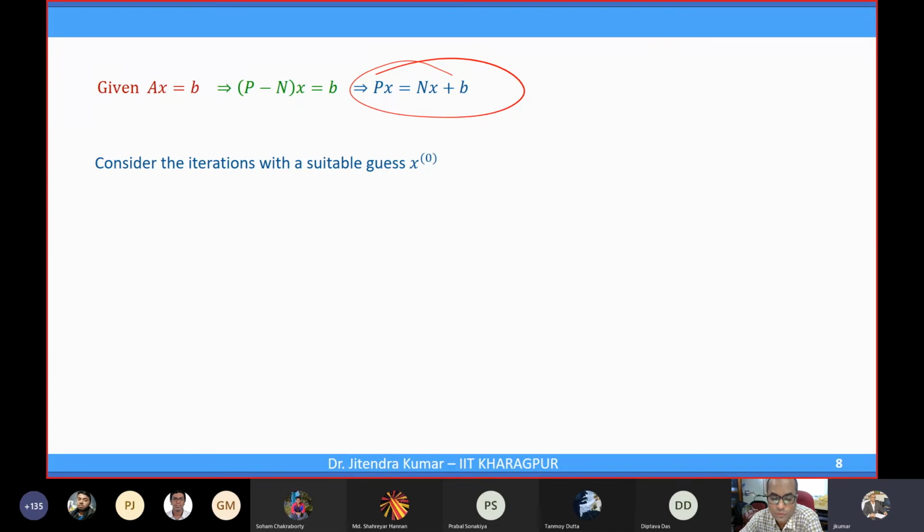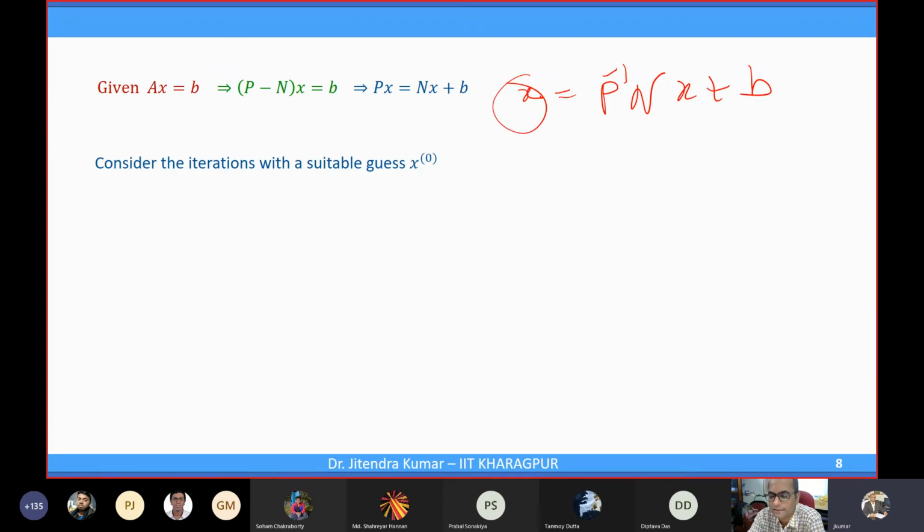Now we consider the iterations with a suitable guess, x naught. The idea of the splitting is that you have x on both sides. In fact, now P is invertible, I should mention here itself. You multiply by P inverse. So what you get here is x = P inverse N x + P inverse b. You got x on the left hand side, and naturally on the right hand side also x, with some matrix multiplication here.